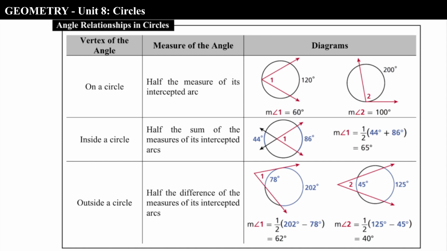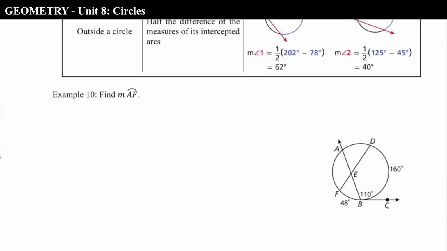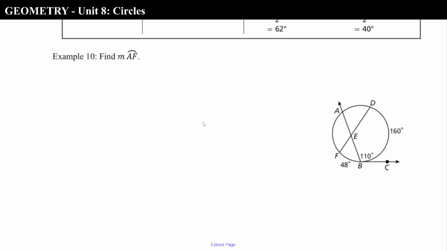So let's do one final example. In example 10 here, we're going to find the measure of arc AF, which is right here. So let's first of all find the measure of arc ADB. To find this whole arc, we have to use angle ABC.